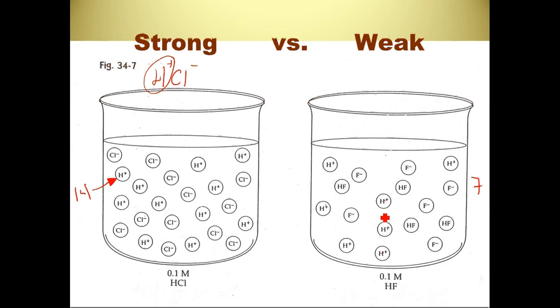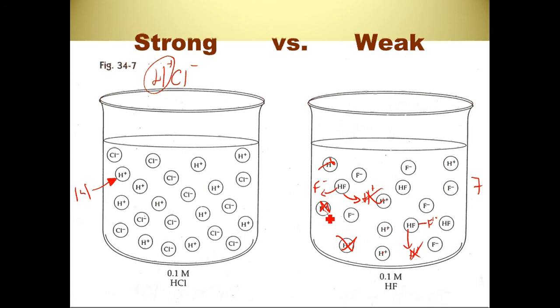So if I put something in here to be corroded, like a piece of metal or my hand, you're going to find that these hydrogen ions are going to have to react and be gotten rid of. And then these hydrogen fluorides are going to break apart into more hydrogen so that they can react, and they're going to react eventually as time goes on.